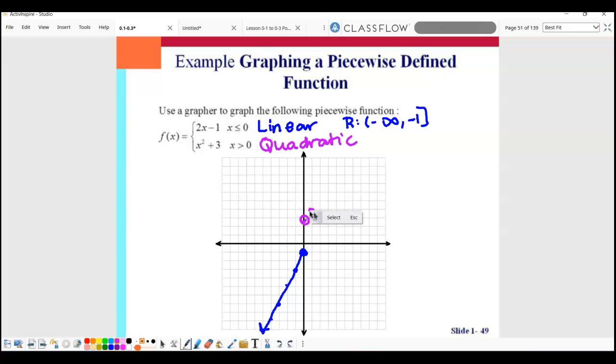The next point's 2, 4. So it would be 2, 7. Or, yeah, because 4 shifted up 3. And then technically the third point would have been at 3, 9.